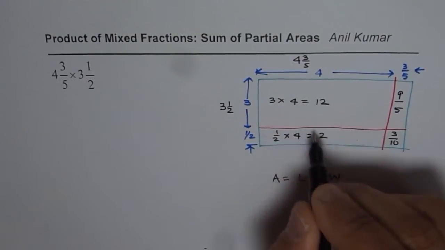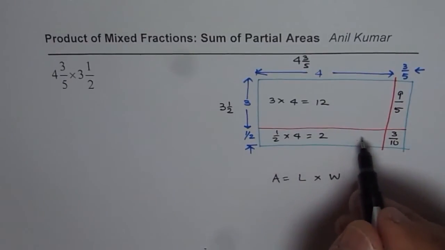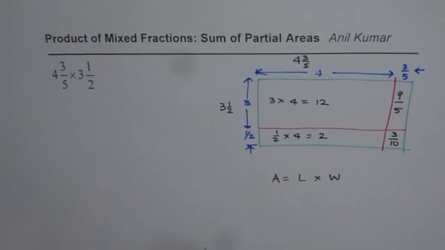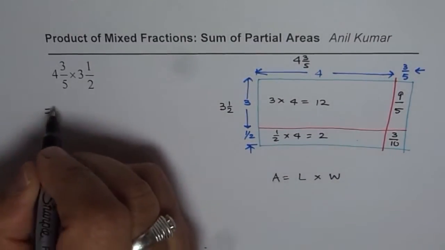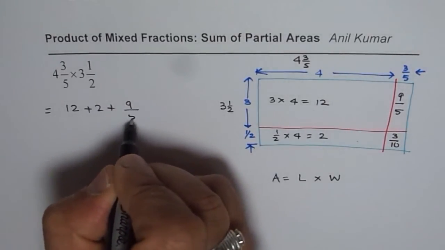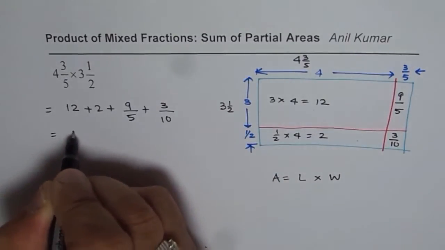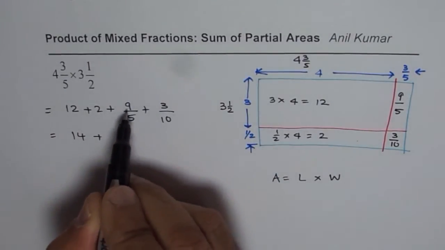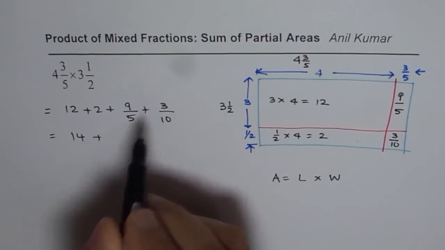So these are the 4 different areas which when added will give you the area of the whole rectangle. We could write this as the sum of these, which is 12 plus 2 plus 9/5 plus 3/10. So that gives us 14 plus, to get this to 10, we have to multiply this by 2. So 18 plus 3 is 21.